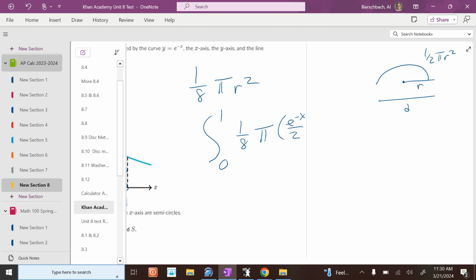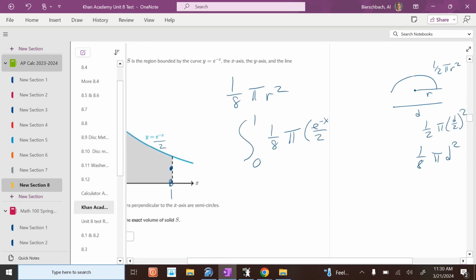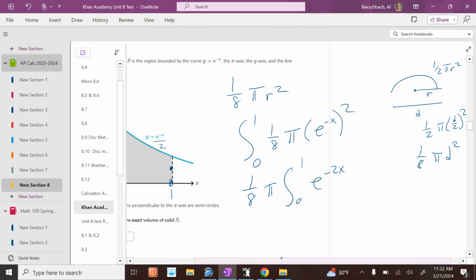So if it's a diameter, the radius is half of it, so you take 1/2 pi, and then you go d over 2 squared. So it's 1/8 pi d squared. Okay. So it's d squared, so it's e to the negative x squared. There we go. So you go 1/8 pi, the integral from 0 to 1 of e to the negative 2x.